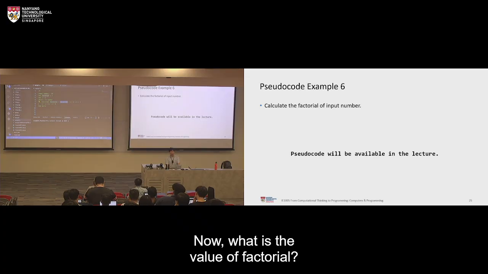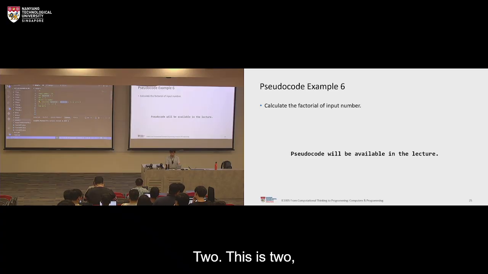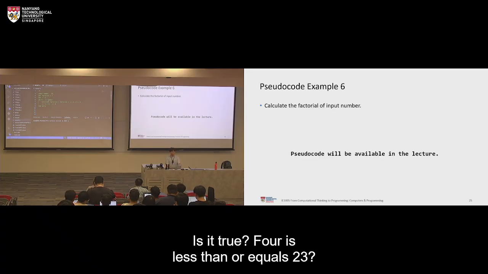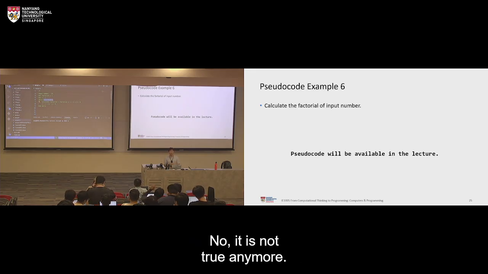It is still true. Okay, then let's do this calculation again. Now, what is the value of factorial? 2. So this is 2 and I is 3. Then what is the value? 2 times 3 is 6. And then now I is 4. Is it true? 4 is less than or equal to 3?